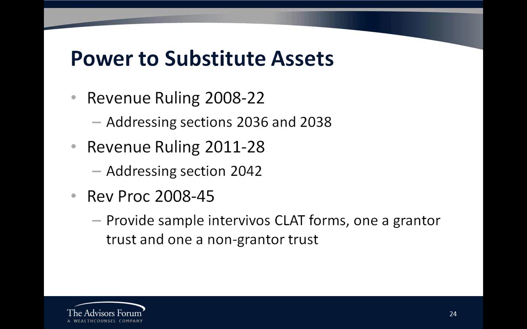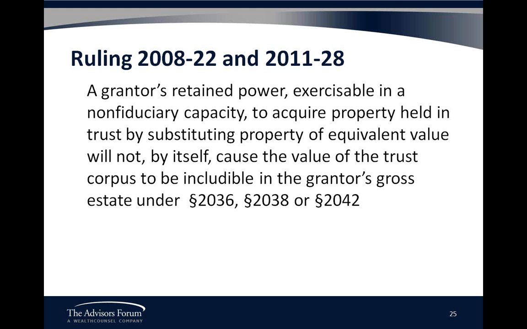The really big news was 2008-22 when it came out initially, because it essentially walked through the substitution power. It cited the Jordahl case, and it kind of put a lot of rest to some discussion as to how safe the substitution power was. And then what happened is the 2008-22 mentioned 2036 and 2038, but it didn't mention Section 2042.